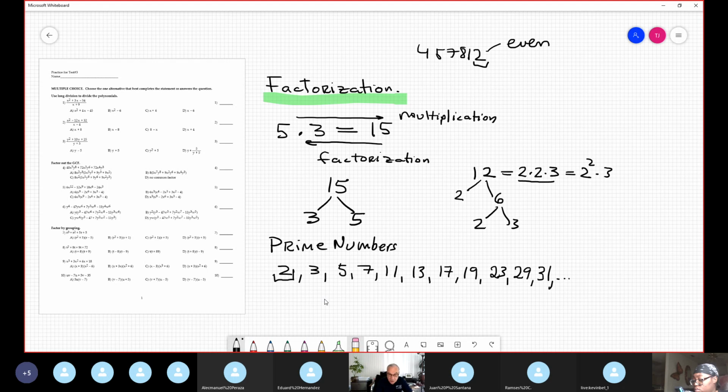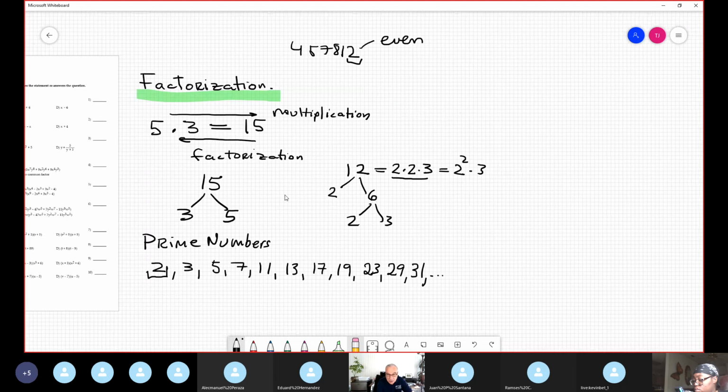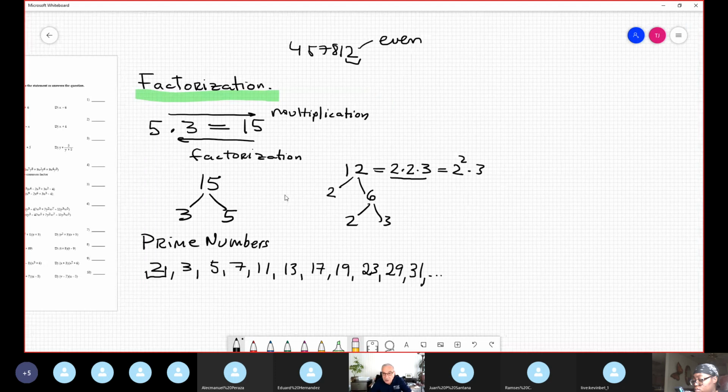Somebody says, wait, another way. I disagree with this idea because I know that 12 is 4 times 3. Okay. And 4 is not prime. 4 is a composite number. So you break it down into 2 and 2. Then you see that again we get the same result, 2, 2 and 3. That means that the prime factorization is unique. And this is the fundamental theorem of arithmetic.